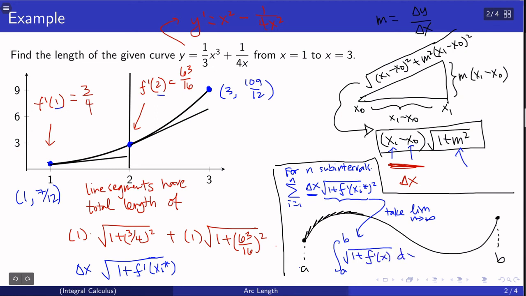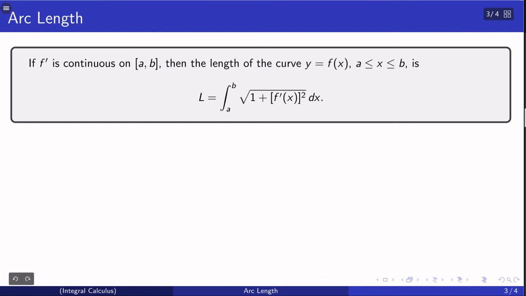And what we have here is now the formula for the arc length of a curve, which is this. And note that for this formula, we're assuming that your curve is nice, in the sense that you have a continuous derivative throughout this whole closed interval from a to b.